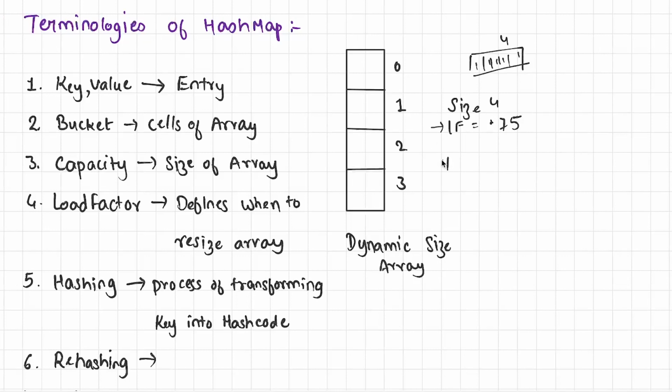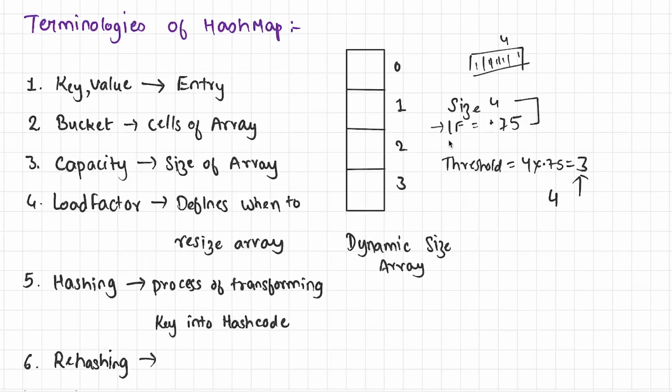Internally, HashMap computes the threshold on every insert operation. Right now the threshold of these two values is 4 into 0.75, which is equal to 3. So with an array size of 4 and a load factor of 0.75, the threshold comes out to be 3. This means HashMap operates normally until 3 entries are inserted. As soon as you enter the 4th entry, it internally resizes itself.